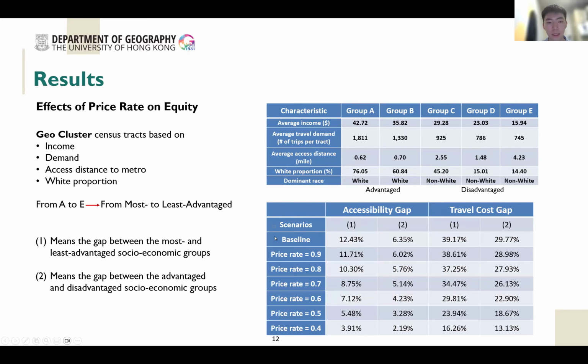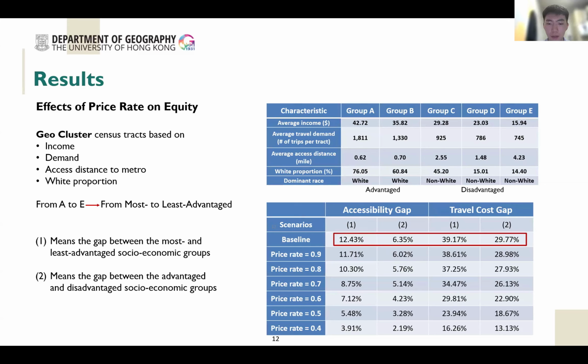Scenario 1 means the gap between the most and the least advantaged socioeconomic groups, the gap between A and E, and scenario 2 means the gap between the advantaged groups and the disadvantaged groups. So we can see there are significant gaps between these advantaged groups and disadvantaged groups.